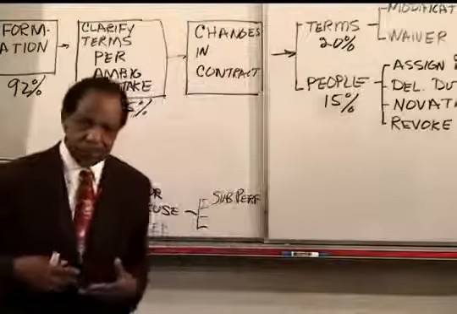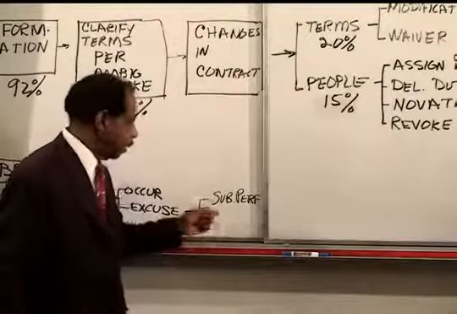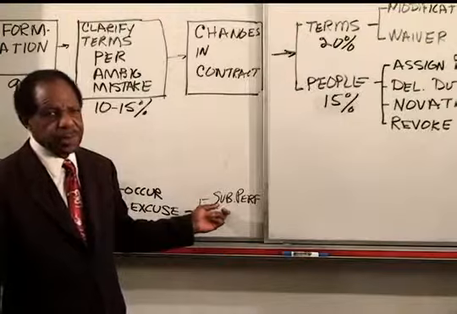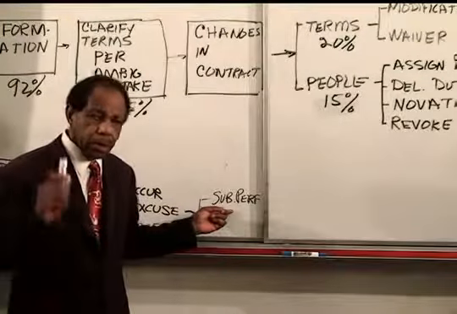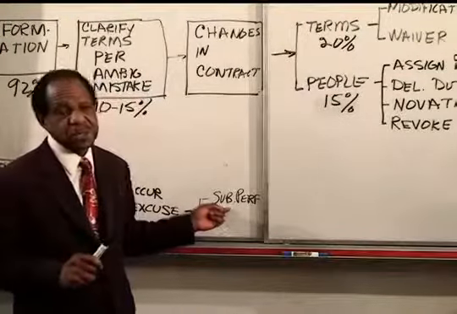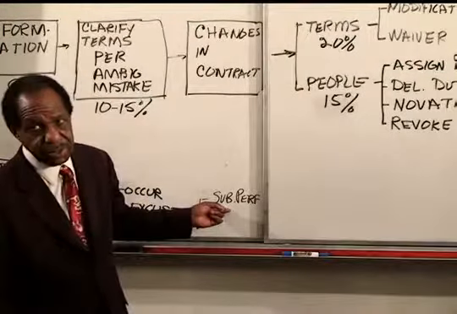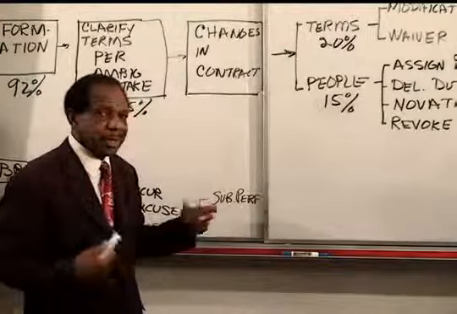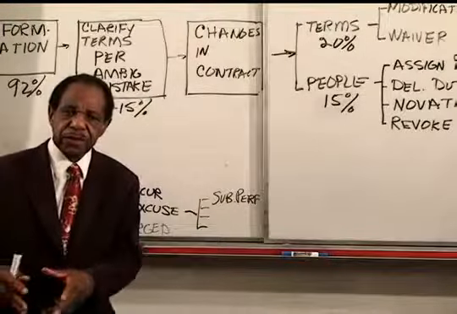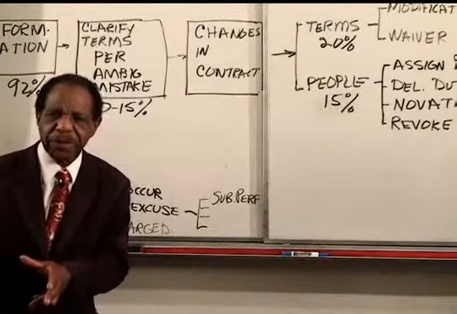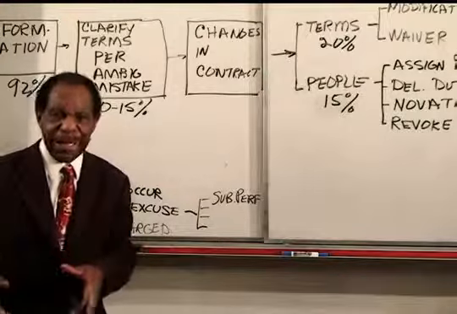And most complicated contracts end up with substantial performance. And so here you have to know what constitutes substantial performance. How do you decide when I have done enough to qualify as substantial performance? And then if I have done enough, what happens next?